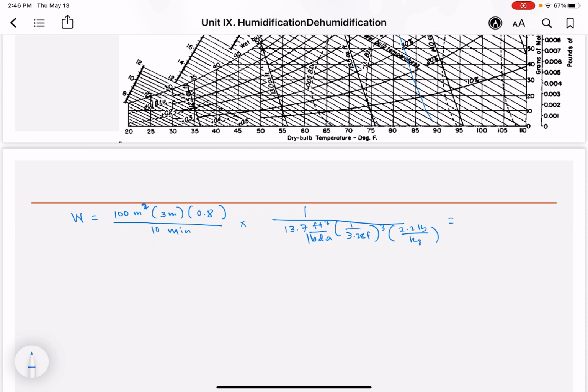Okay, let's check. So I have 100 times 3 times 0.8 divided by 10, so that's 24, divided by 13.7, divided by 2.2, times 3.28 cube.